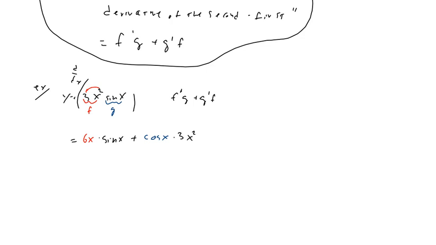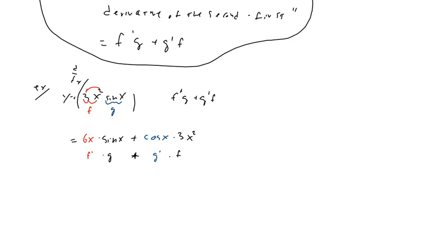So it's f prime times g plus g prime times f. Right? I do the derivative of each one time, leaving the other alone.